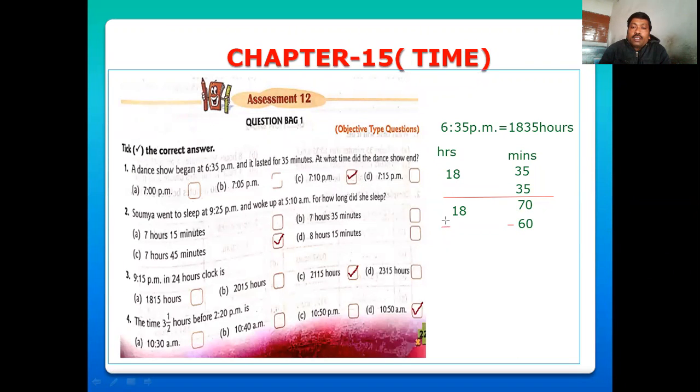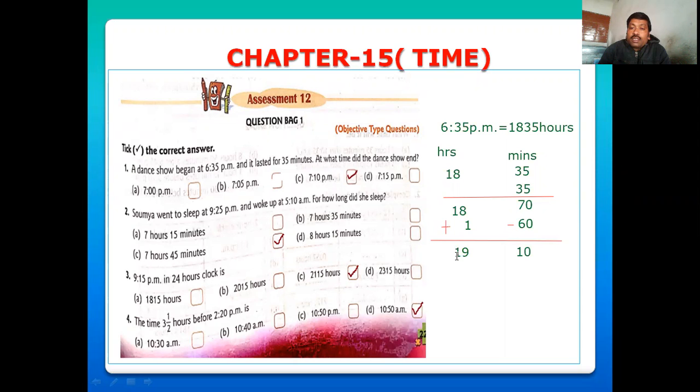And we will add 1 hour to it. 70 minus 60 means 10 minutes, and 18 plus 1 is equal to 19.